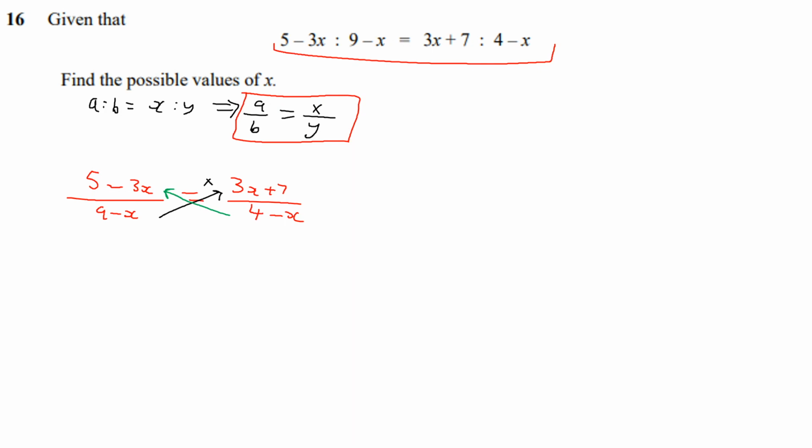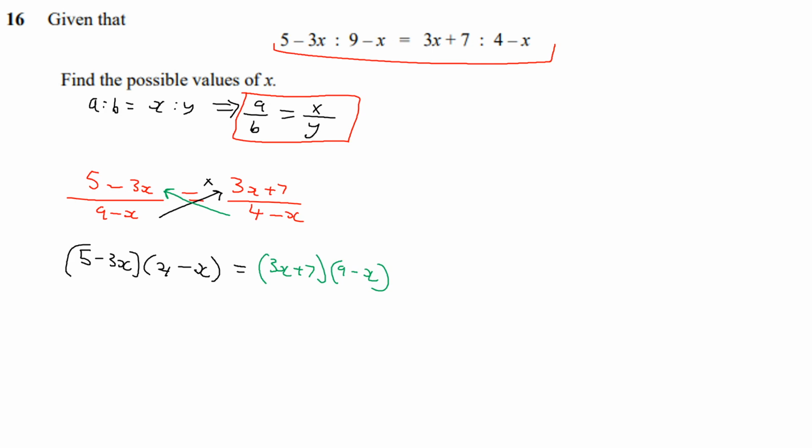So what we're left with is (5 - 3x) times (4 - x), and that's equal to, let me do it in green, (3x + 7) times (9 - x). Okay?